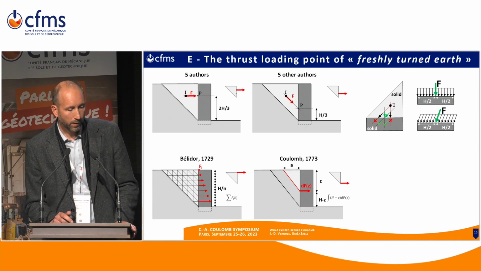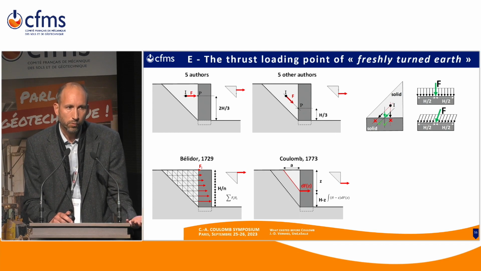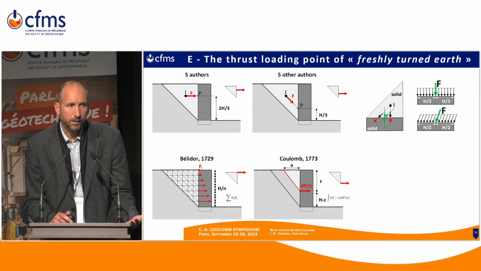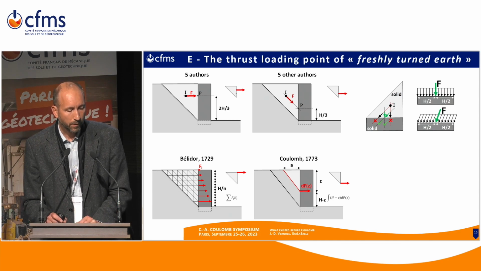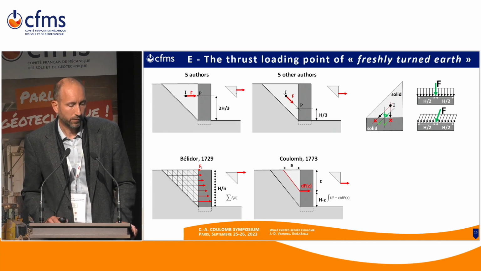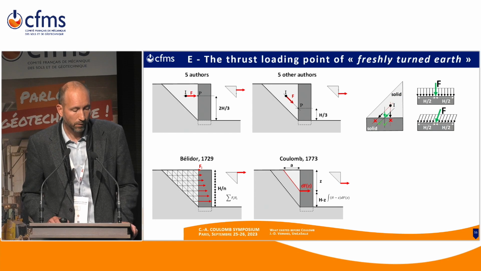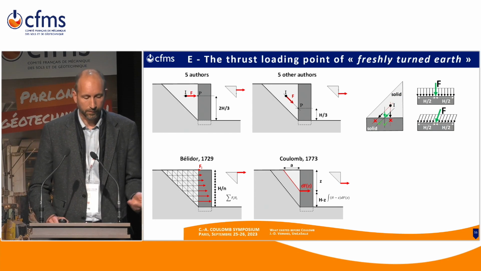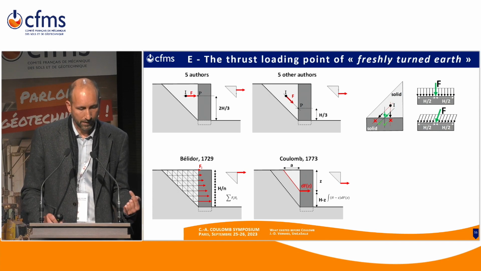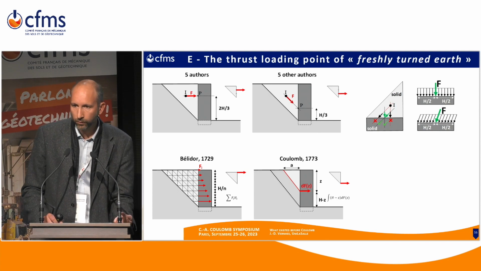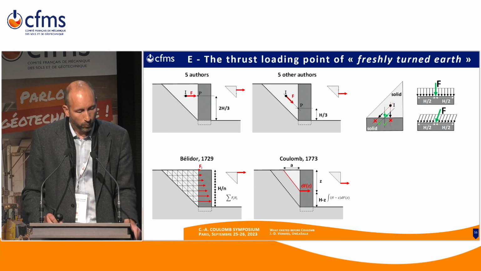Whereas Coulomb, we all know that, of course, minimi and maximi, what is behind this is just using derivatives. So after having found the optimum force through the derivation according to the angle, he used a second derivative according to the height of the base of his wedge. And then he integrated all this along the entire wall.